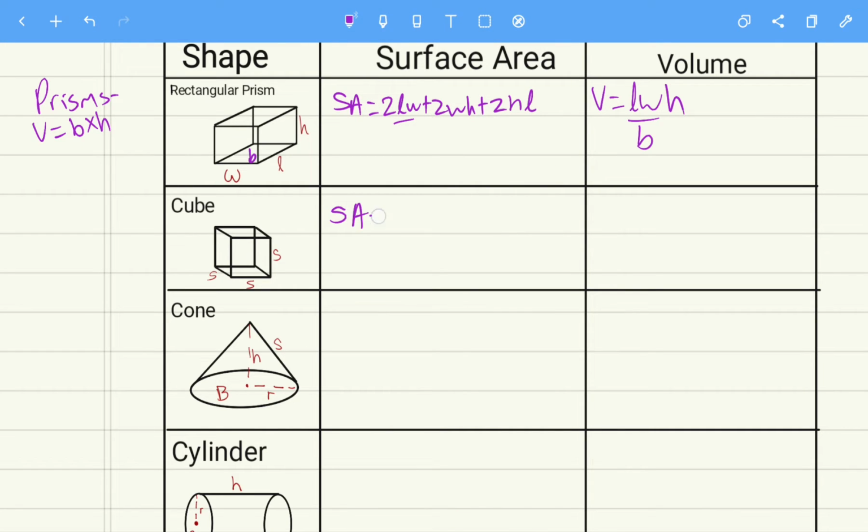So the surface area, we could shorten that to 6 times the side length squared. So each side has a base area of s squared, and we have 6 sides. Now the volume of a cube is that side length cubed, because we have 3 dimensions.